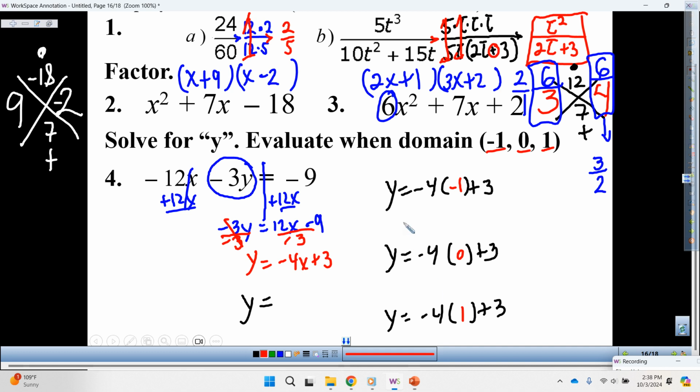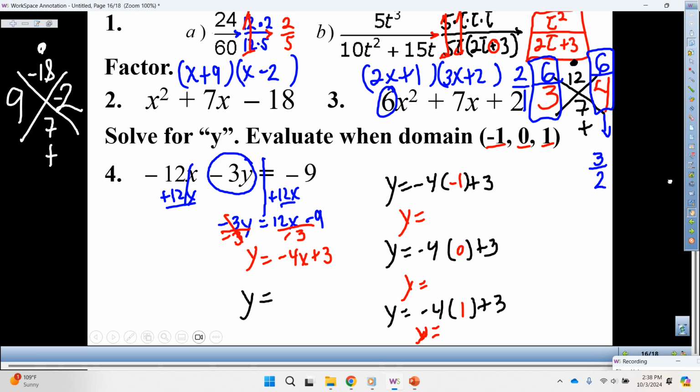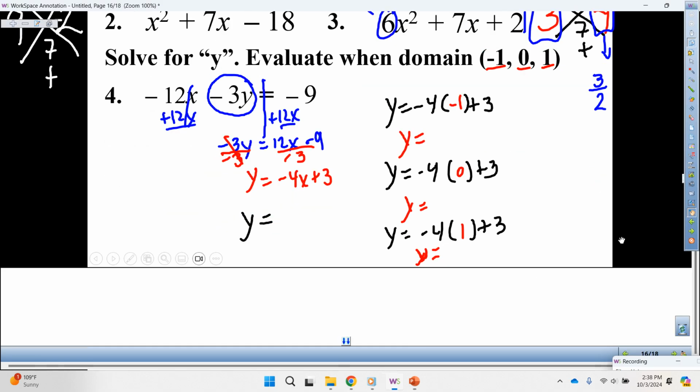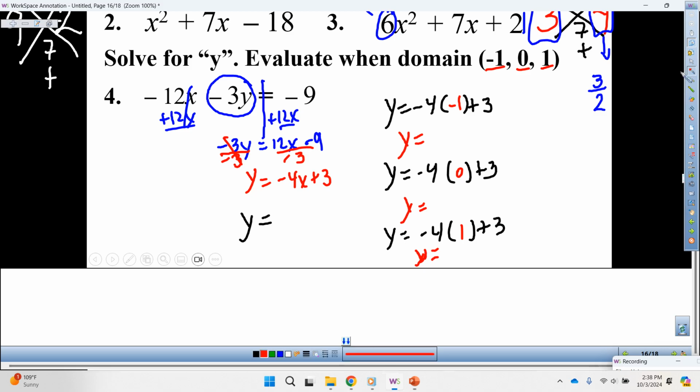Therefore, say here what you got for the 3 of them once you evaluate. Y equals what? Once you substitute that value in there, then Adrian's going to pass it to someone. All right, good conversation. So Adrian, pass someone.